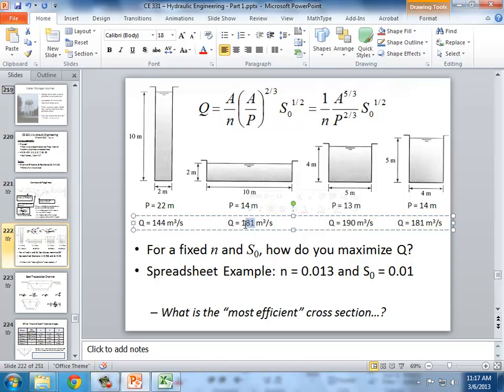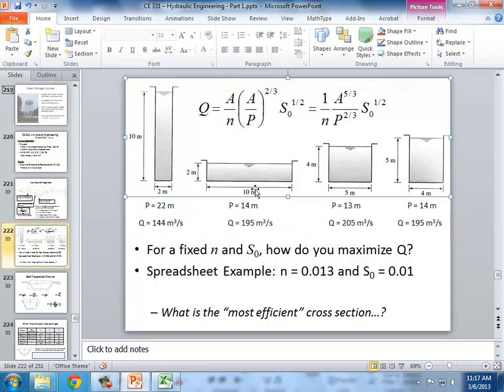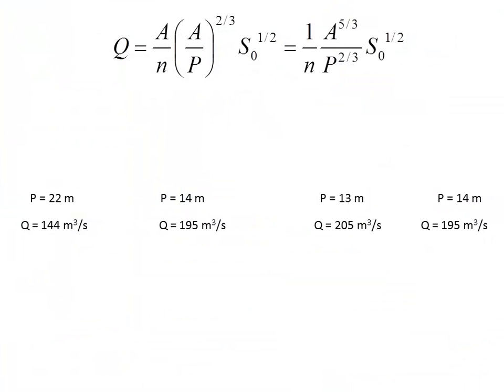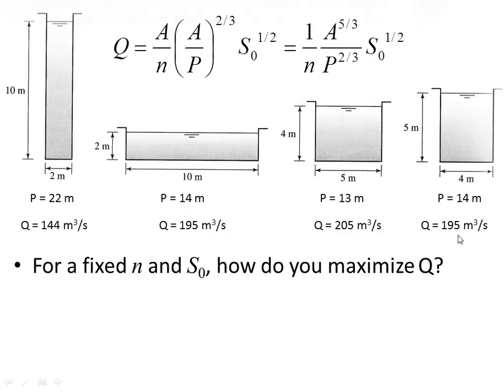195. This was 205. And 195. All right. So these two channels are equal to each other in terms of capacity, but they look very different cross-sectionally.